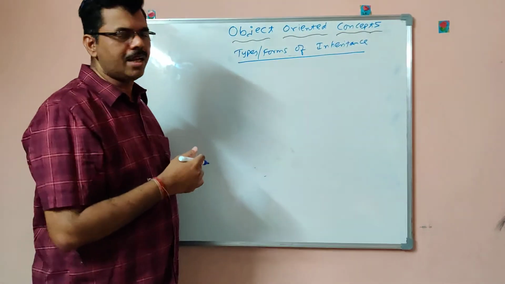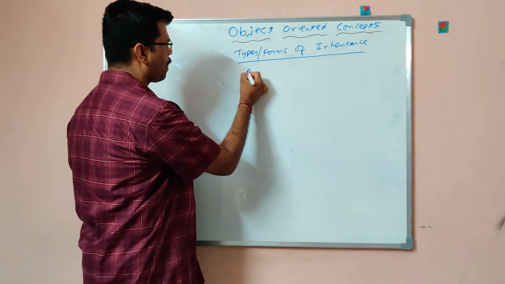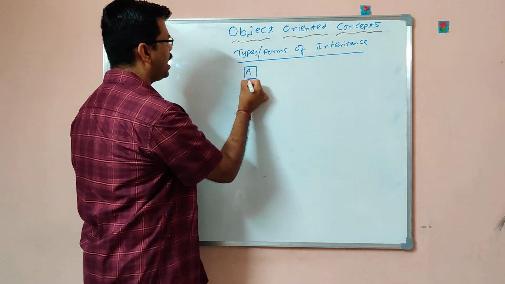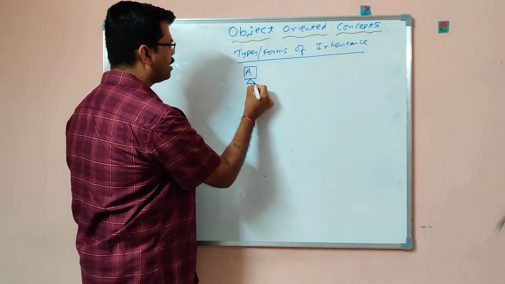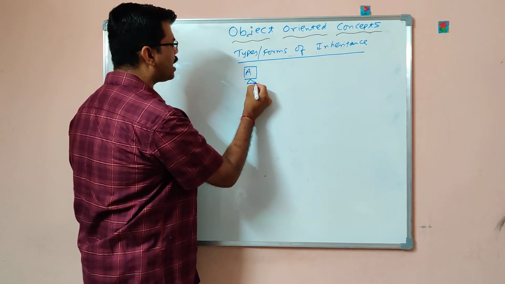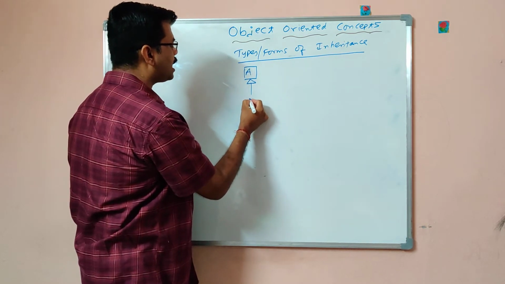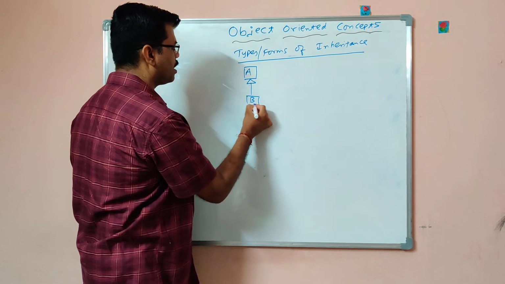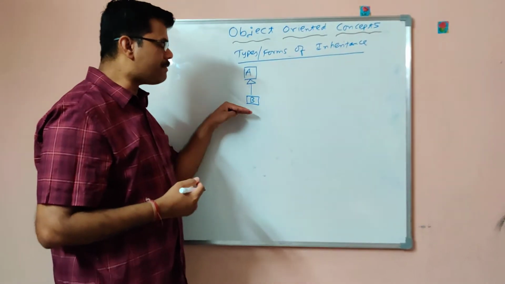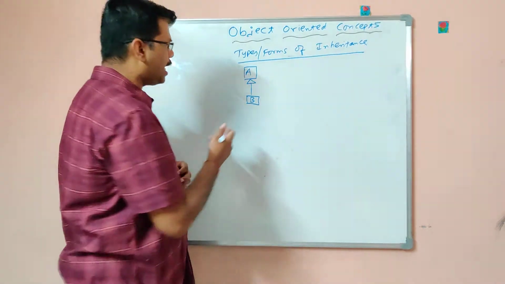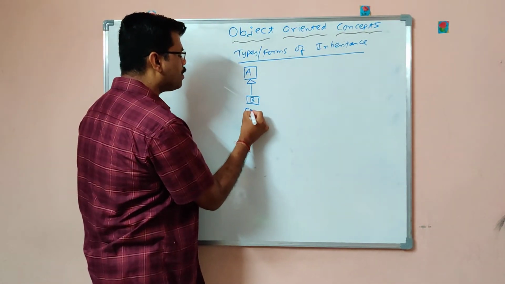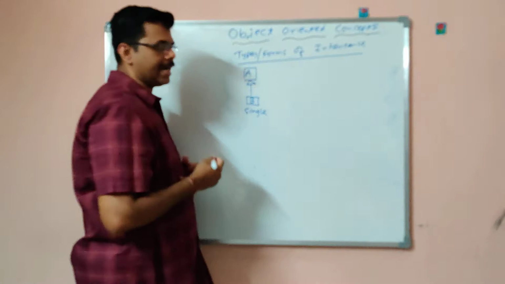Now, if you consider, we are having a class A, and by using this class A, if you are creating a new class B, the diagrammatic symbol for the extends keyword is a triangle arrow head. So in this example, we are having a class B which is extending A class. And this type of inheritance we call it as single inheritance.